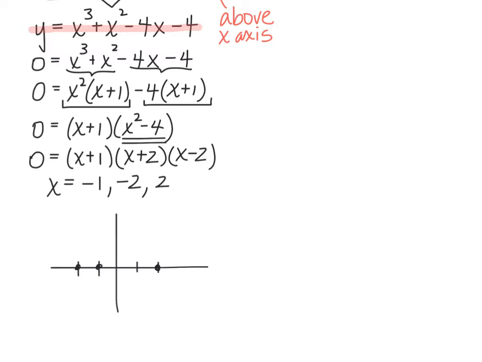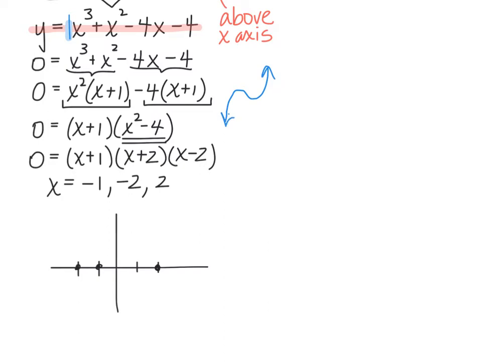We know a cubic is an S-shaped curve, and because we have a positive 1 as my leading coefficient, that tells me about the end behavior of this graph. It's going to be an S-shaped curve that eventually rises.